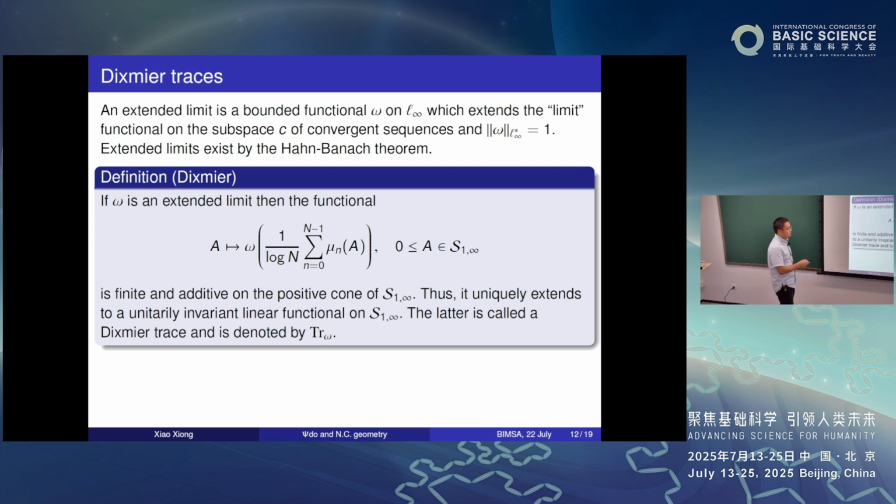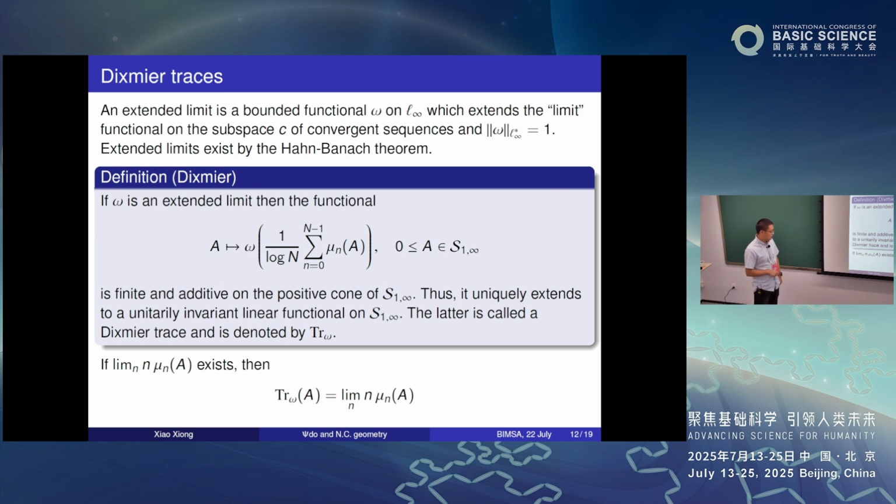So here we have to make this omega a singular element of the dual of L infinity. This is also why people call this Dixmier trace the singular trace, because this omega is the singular part.